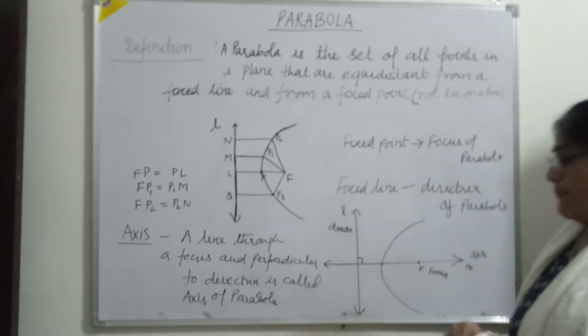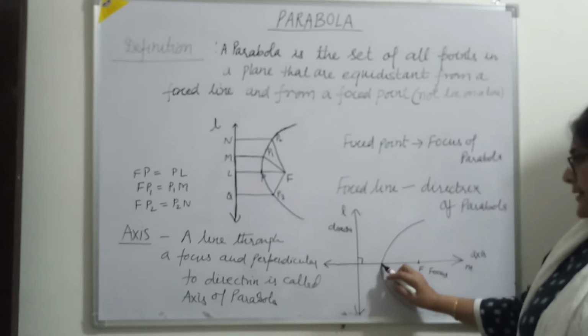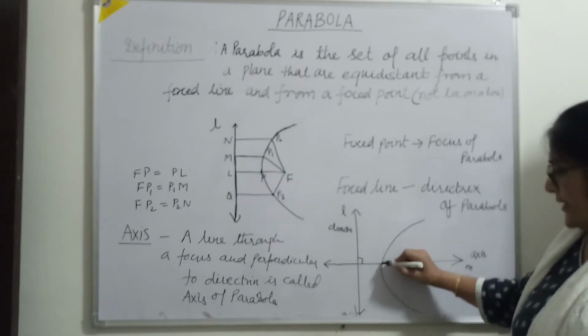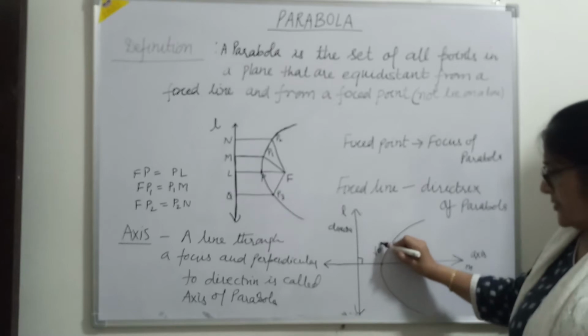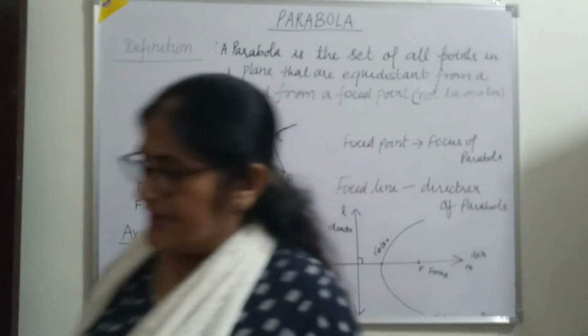Now the parabola meets the axis at some point, and this point is called the vertex. So what is the definition of vertex?